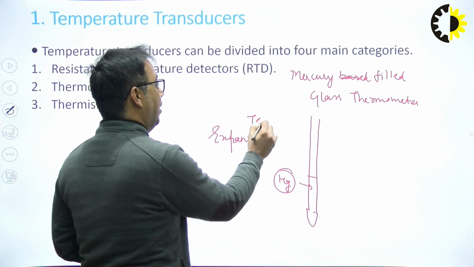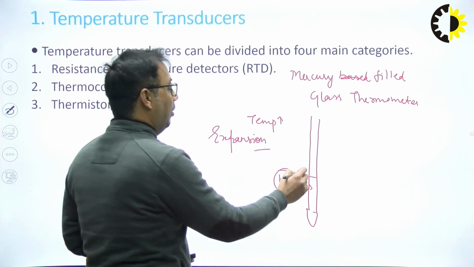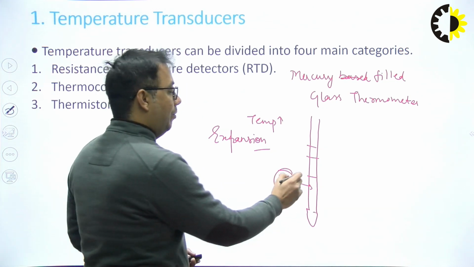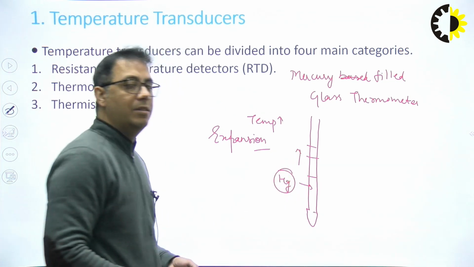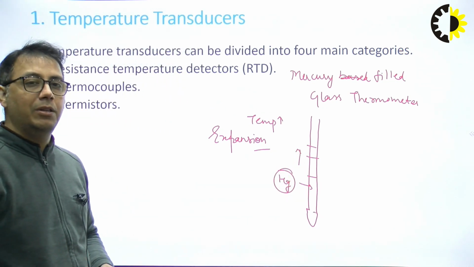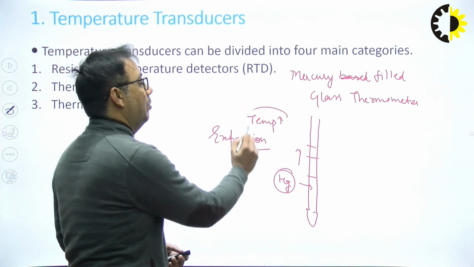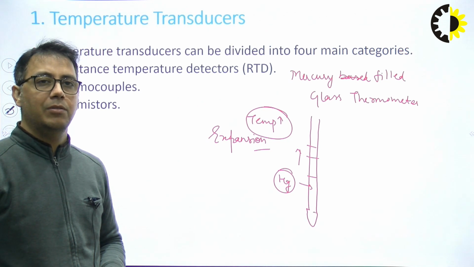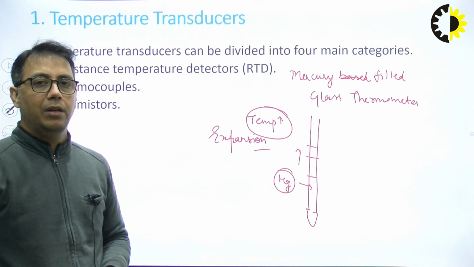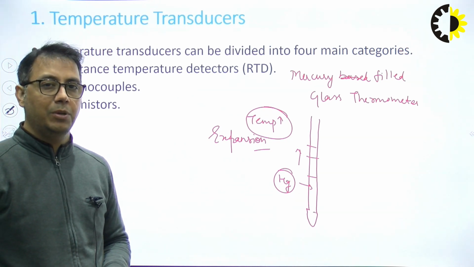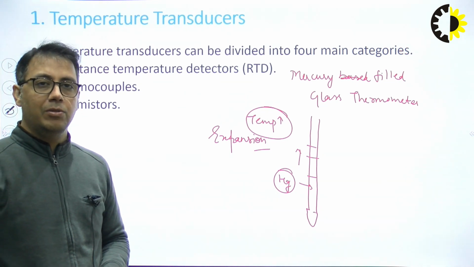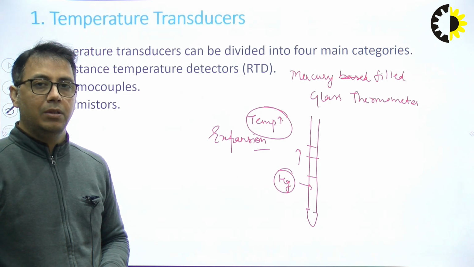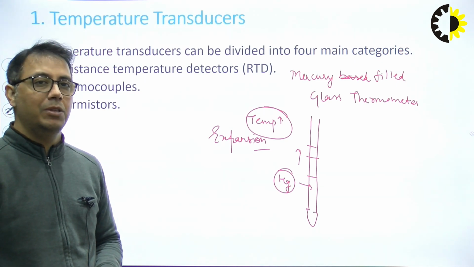As temperature rises, mercury expands and it displaces from one point to another, and this displacement is generally calibrated in terms of temperature. So this is a very common thermometer or temperature sensor which we generally use in our home for measuring body temperature, but this is not suitable for industrial application.